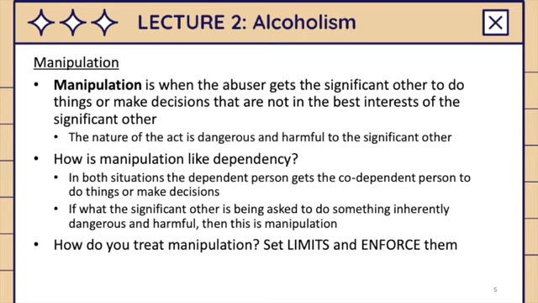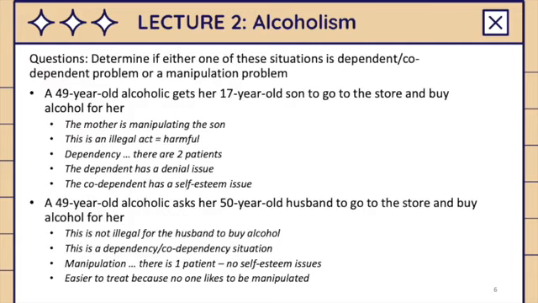So let me give you two examples, and you tell me which one is denial, which one is dependency, and which one is manipulation. A 49-year-old alcoholic gets her 17-year-old daughter to go to the store and buy alcohol for her. That is what?